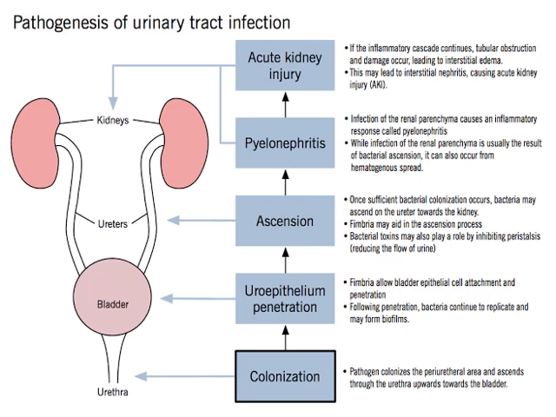But when the bacteria get to the renal pelvis, they can then infect the renal interstitium, leading to pyelonephritis, acute pyelonephritis. Now from there, they could spread into the blood and cause bacteremia or septicemia.